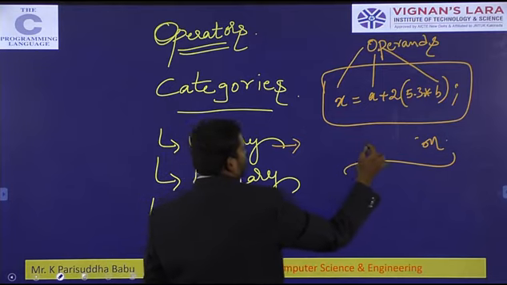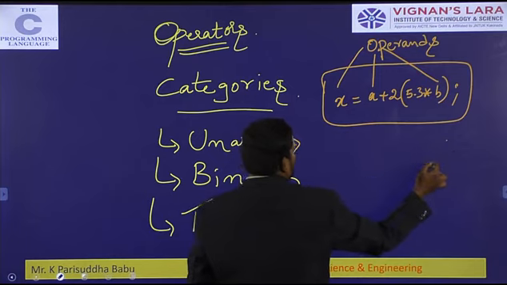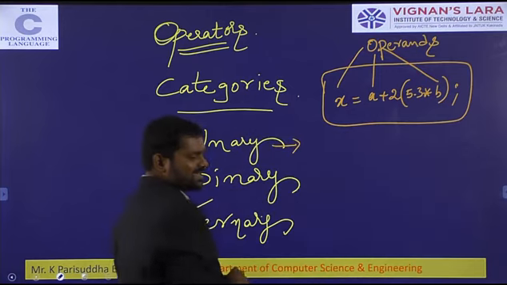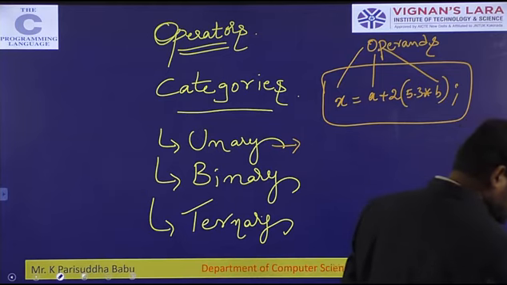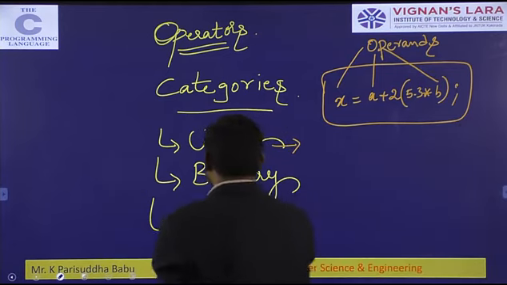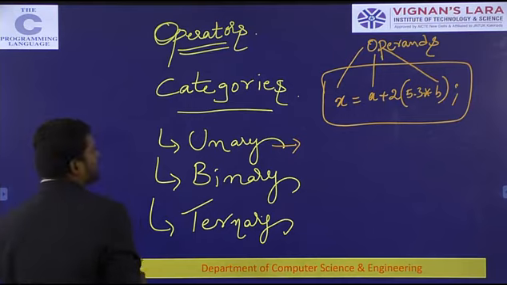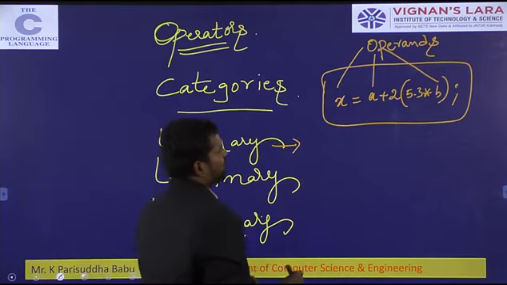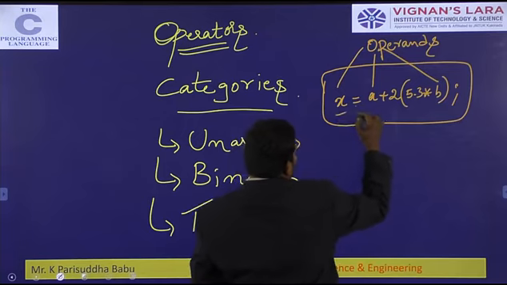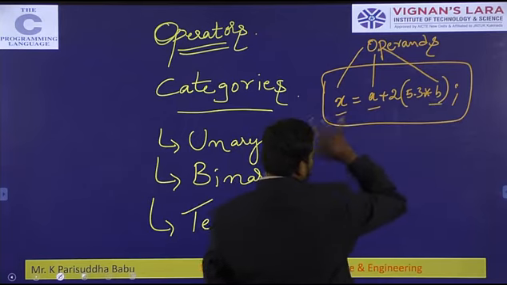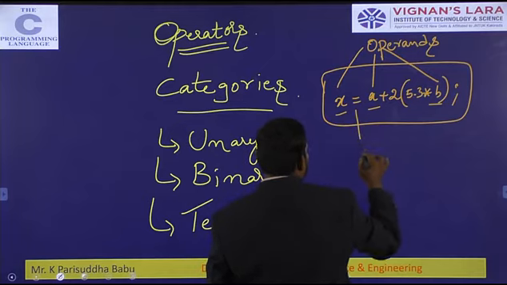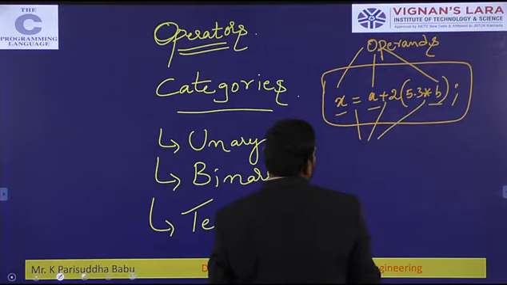Now let us see the expression operands. Operands are X, A, B in this expression. What are operators? Equal to is an operator, plus is an operator, asterisk is an operator.